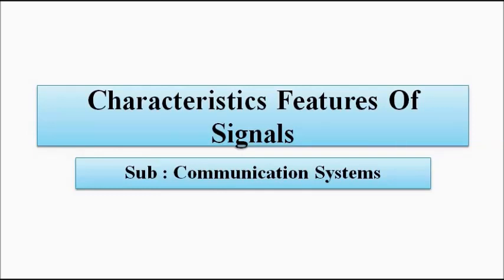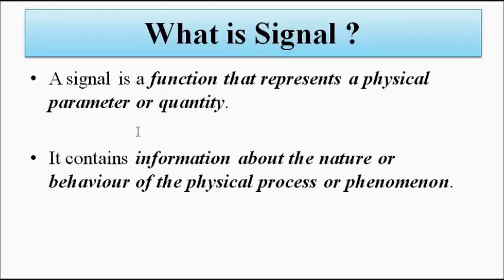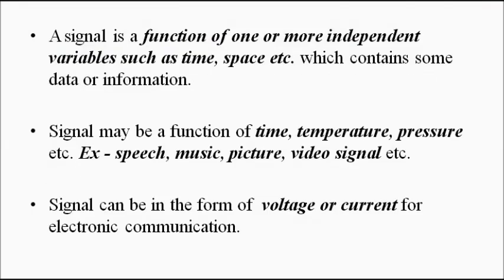So the basic definition of a signal is that it is a function that represents a physical parameter or quantity. Okay, so it basically conveys information about the nature or behavior of the physical process or phenomena. It can be a function of one or more independent variables.